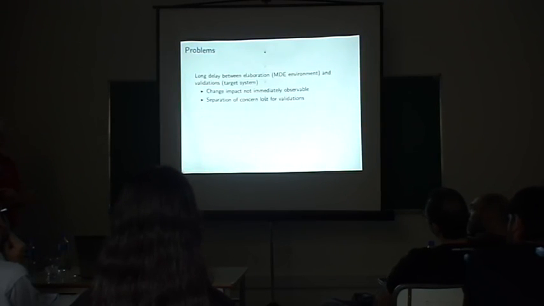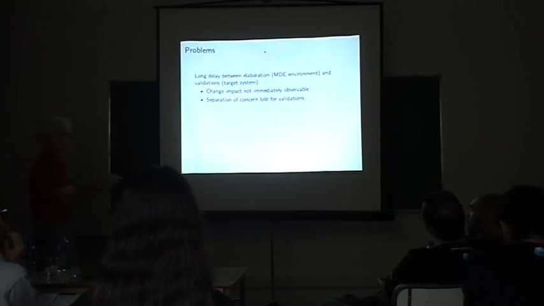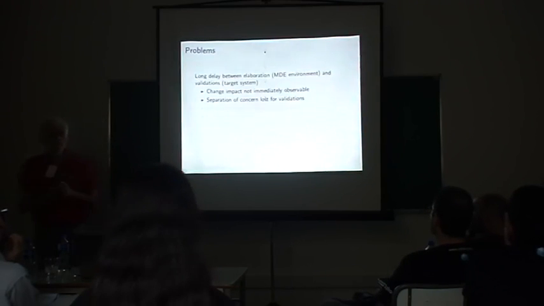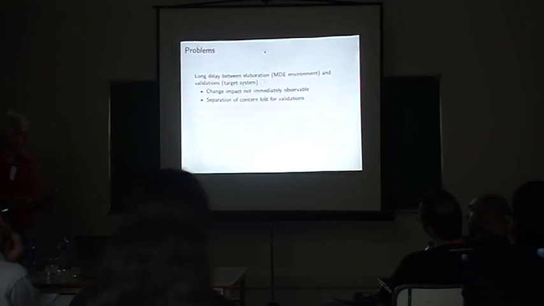So there is a good separation of concerns within the modeling workbench, but when the system is produced, this good separation of concerns is lost because everything is mixed. So the validation and the observation of the system is made more difficult.